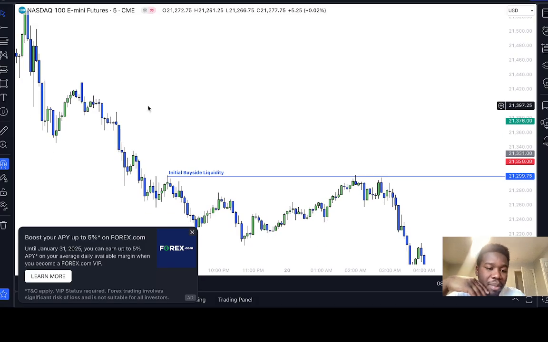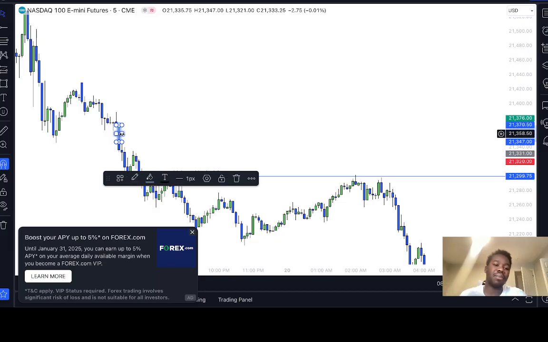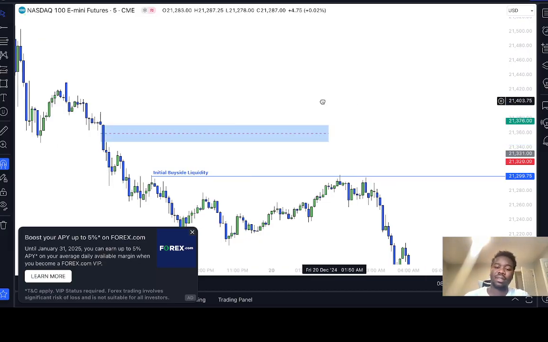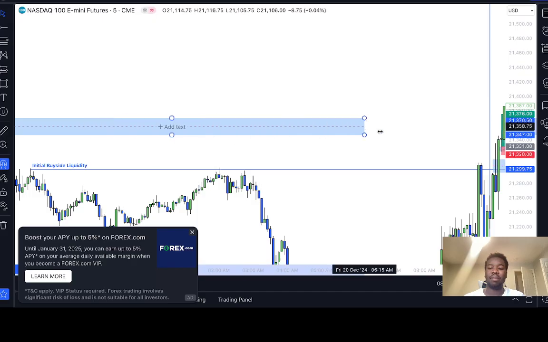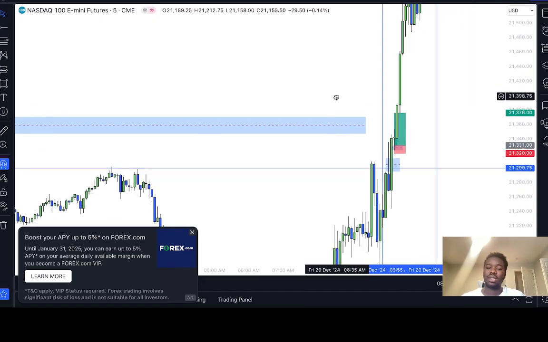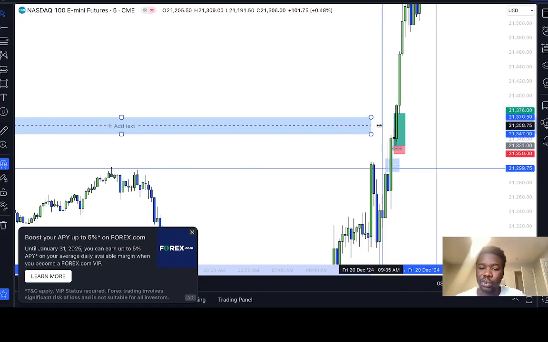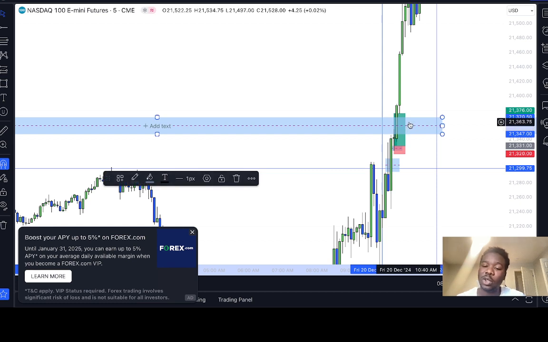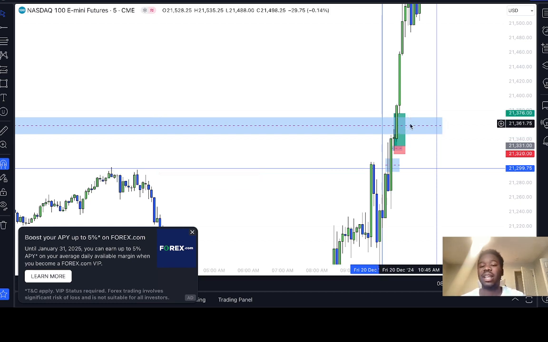One thing I would be mindful of is this fair value gap right here. If we can get through the consequent encroachment of this fair value gap and have a closure above there, I would know, okay, this is a good trade. This is heavily bullish.